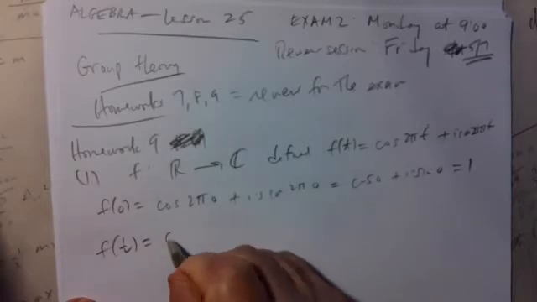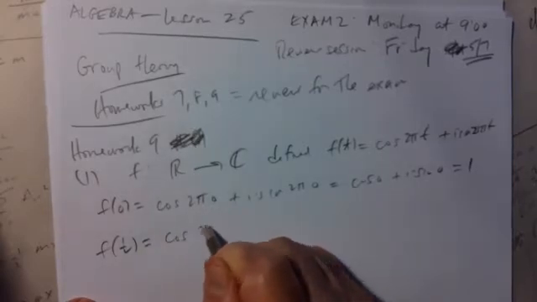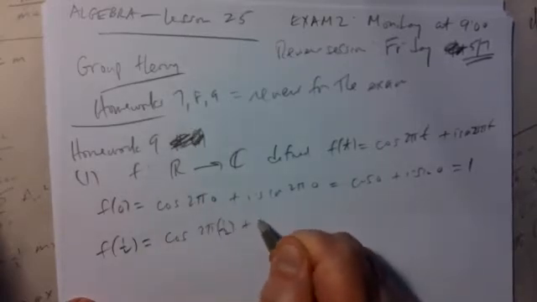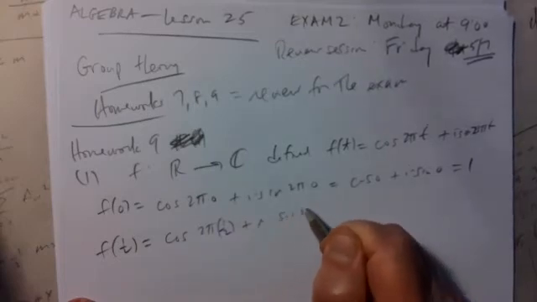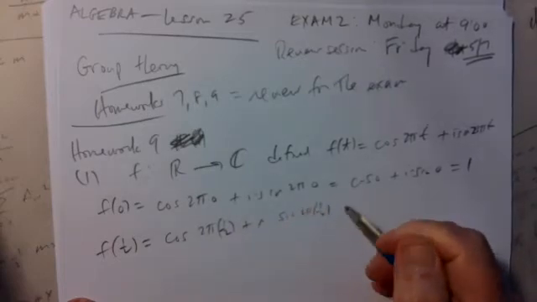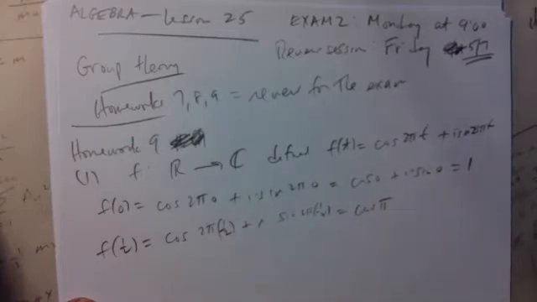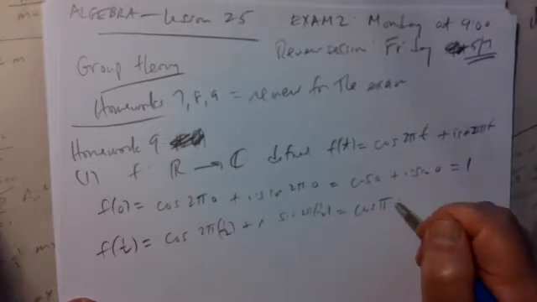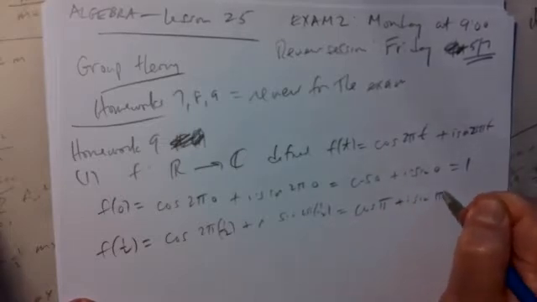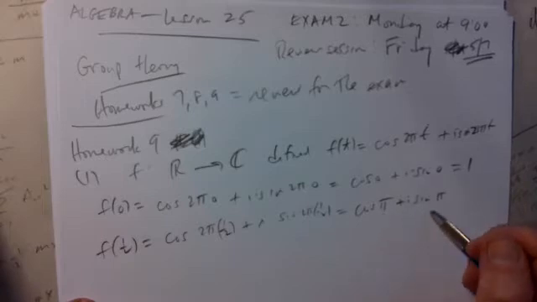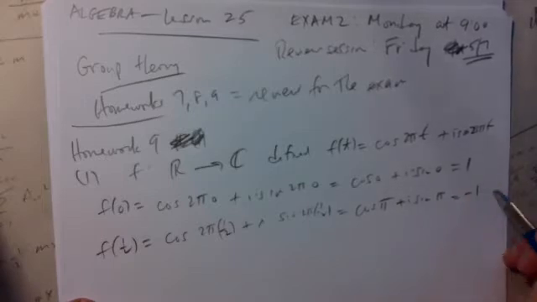F of a half is the cosine of 2 pi times a half plus I times the sine of 2 pi times a half. That is cosine pi plus I sine pi. Cosine pi is minus 1, sine pi is 0, so this is minus 1.